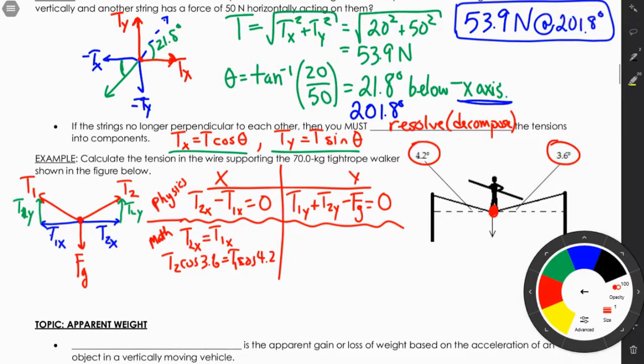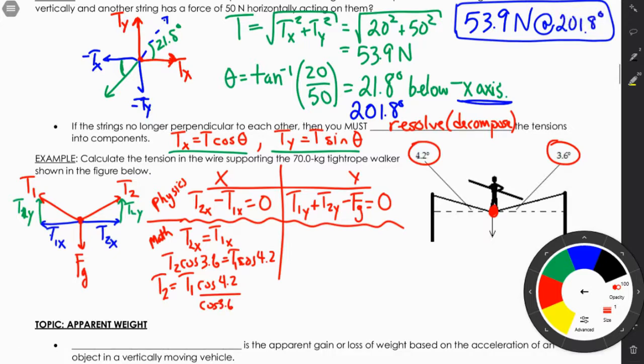And so what you're doing is you're finding a relationship that I'm going to plug into the y direction and then solve for T1 and then solve for T2 ultimately, okay? So it's like I'm saying T2 equals T1 cosine 4.2 over cosine 3.6.